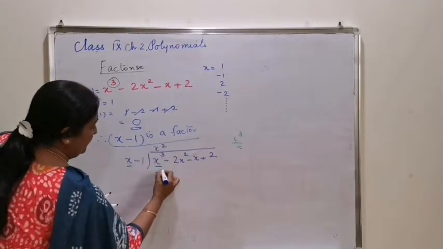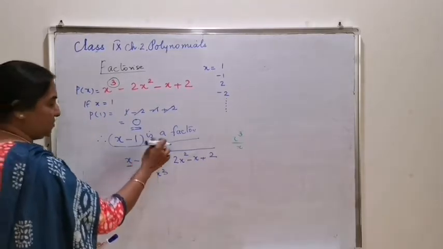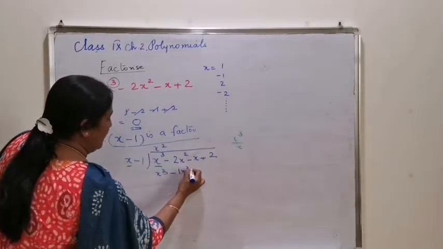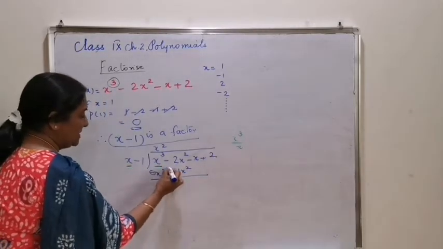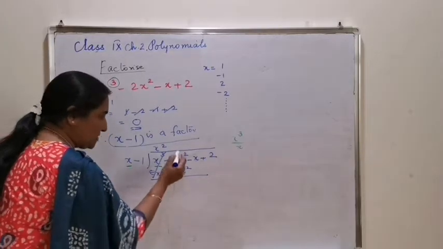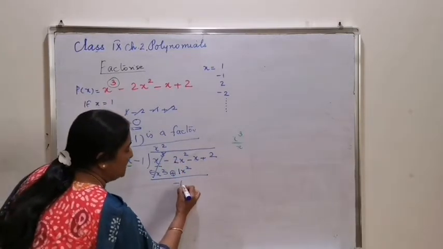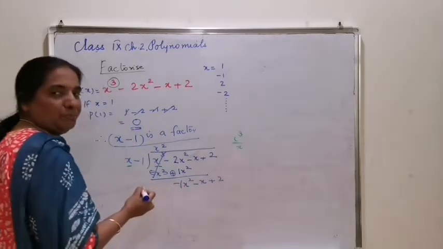The first term will be the same. Minus 1 into x square is minus 1x square. Subtracting, change the sign and the first term gets cancelled. Minus 2x square plus 1x square is minus 1x square, minus x plus 2.